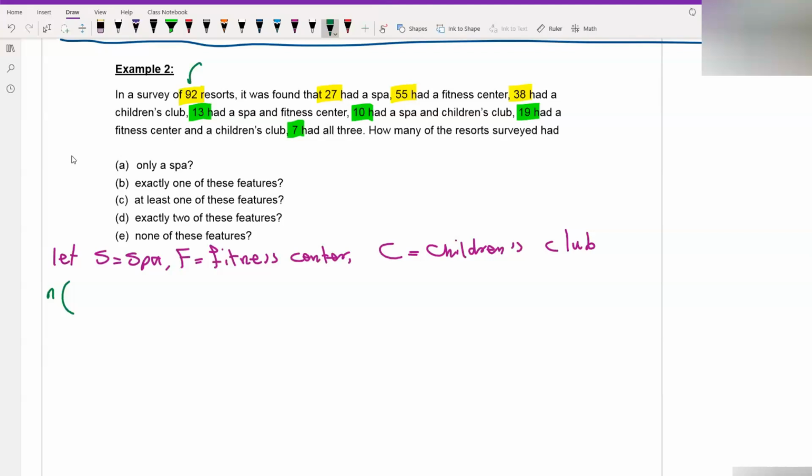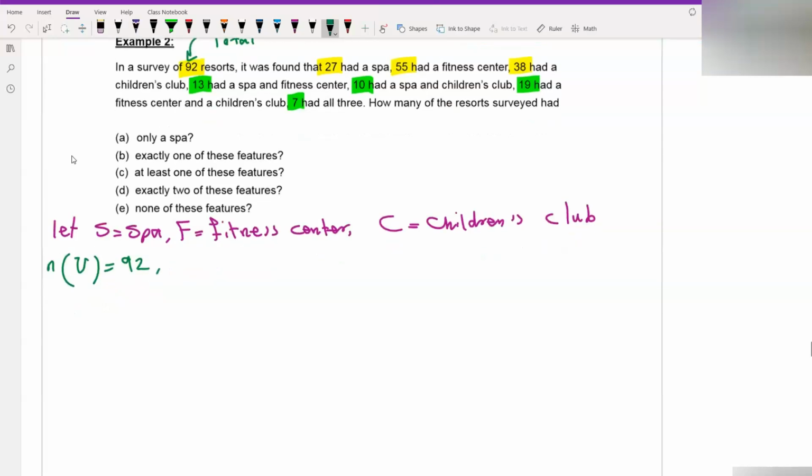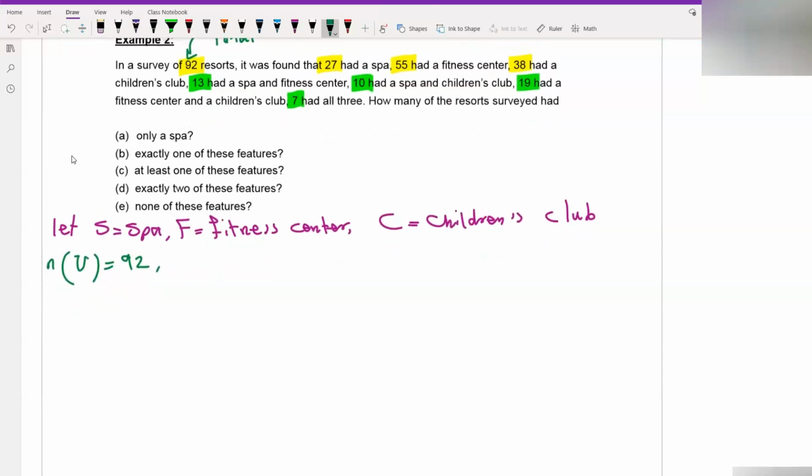What we have in total is 92, so that is the universal set. The number of members for spa is 27. For F is 55. For C is 38.